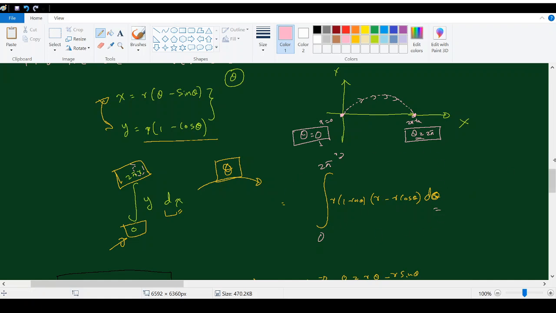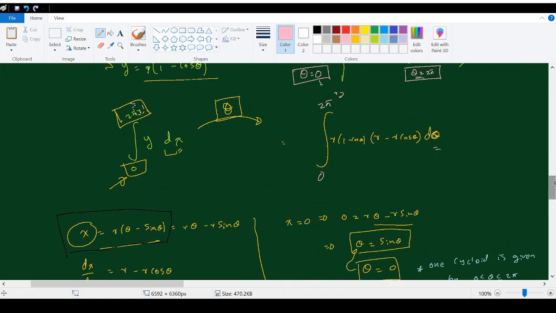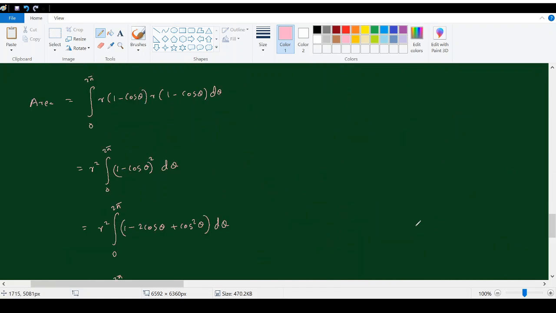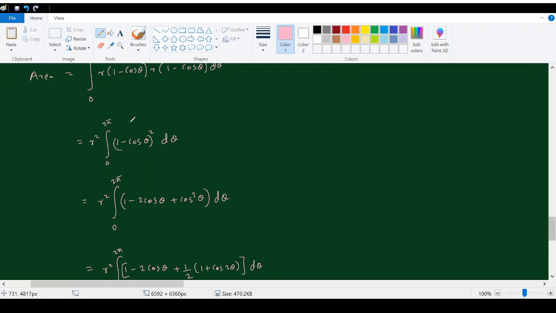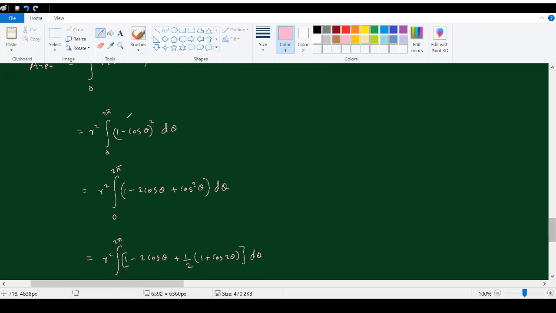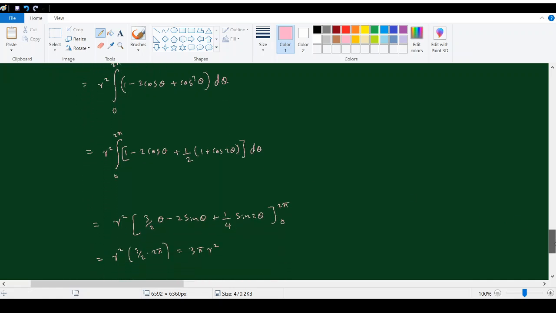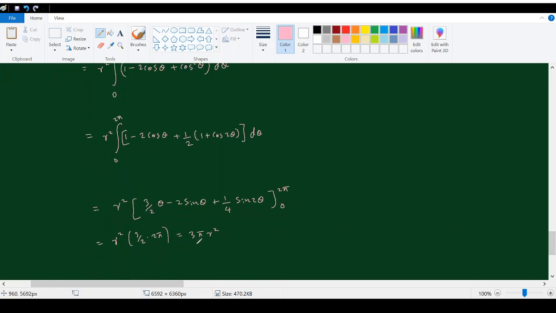Once you are done with this, it's just a matter of simplifying the integral. And when you do the calculation, you can see that things will be simplified a little further, and by applying the suitable expansions, you can finally obtain that the value of the area is equal to 3 times pi r squared.